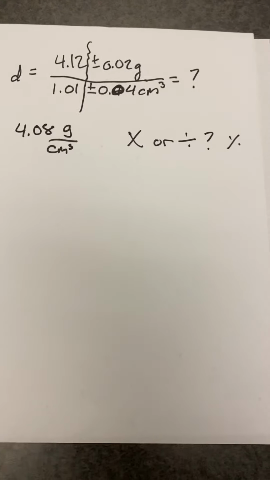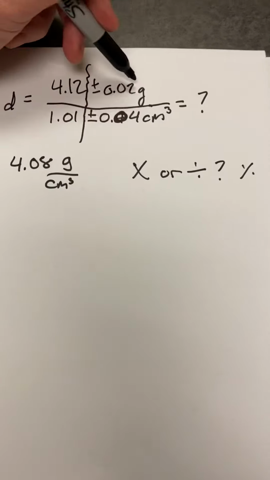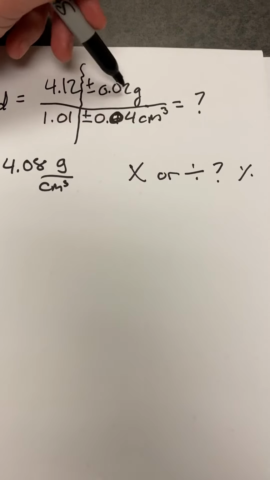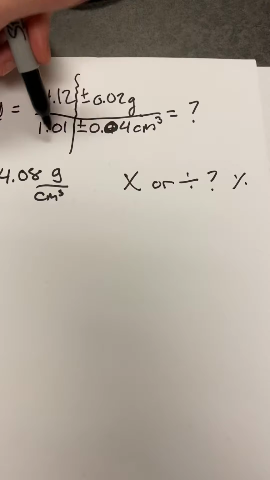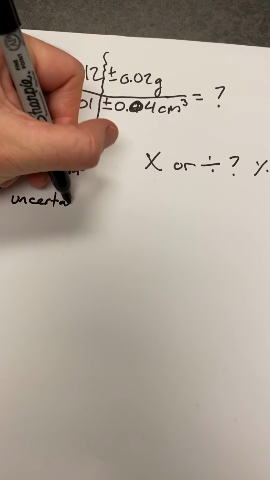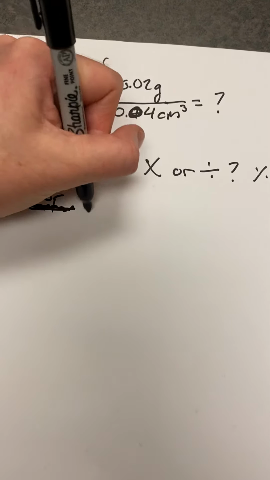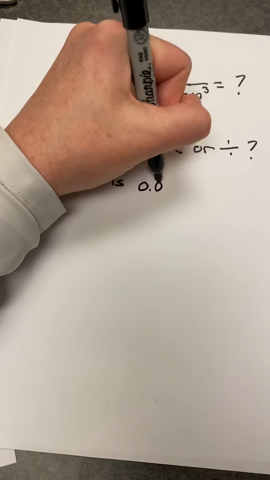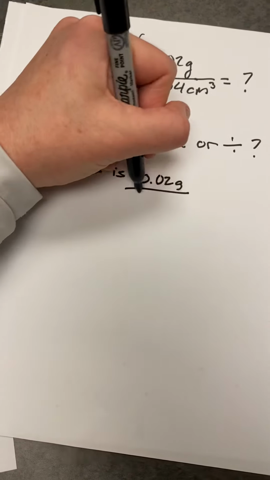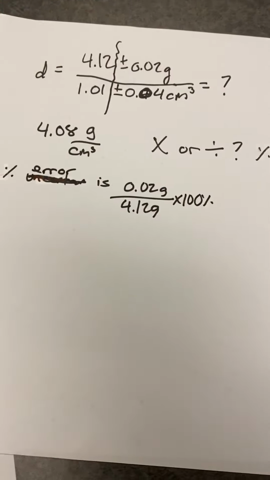So, first, we're going to want to figure out the percent error of this 0.02 to the 4.12, and then the 0.04 to the 1.01. So the percent error of each of these is 0.02 grams over 4.12 grams times 100%.